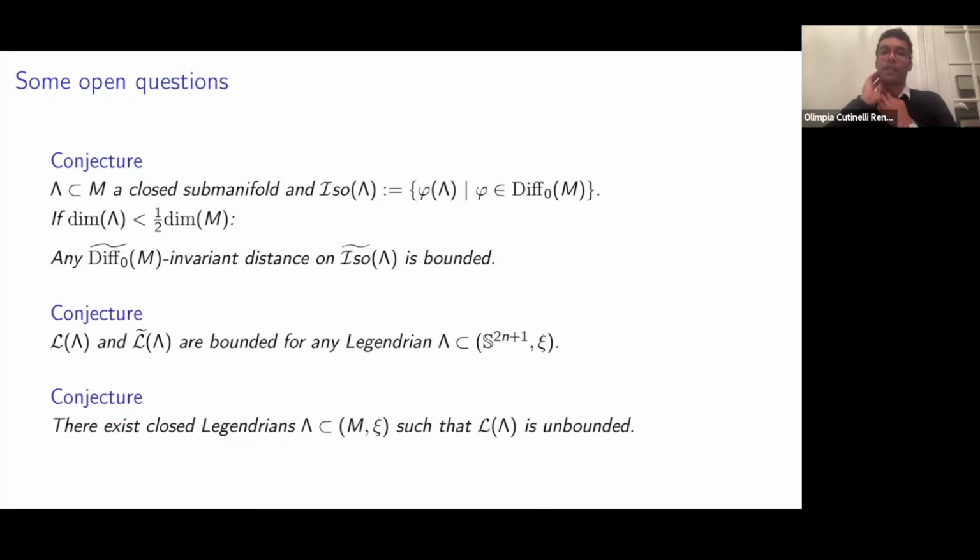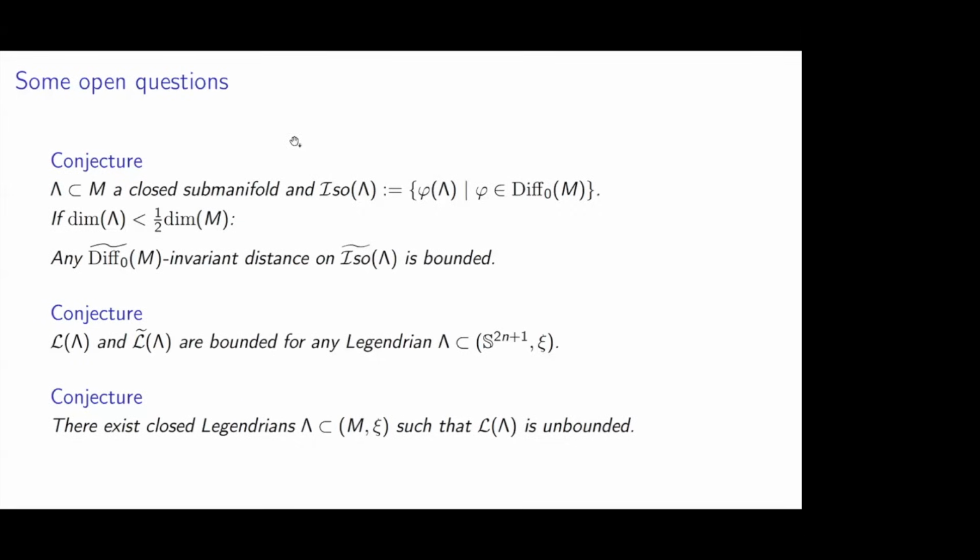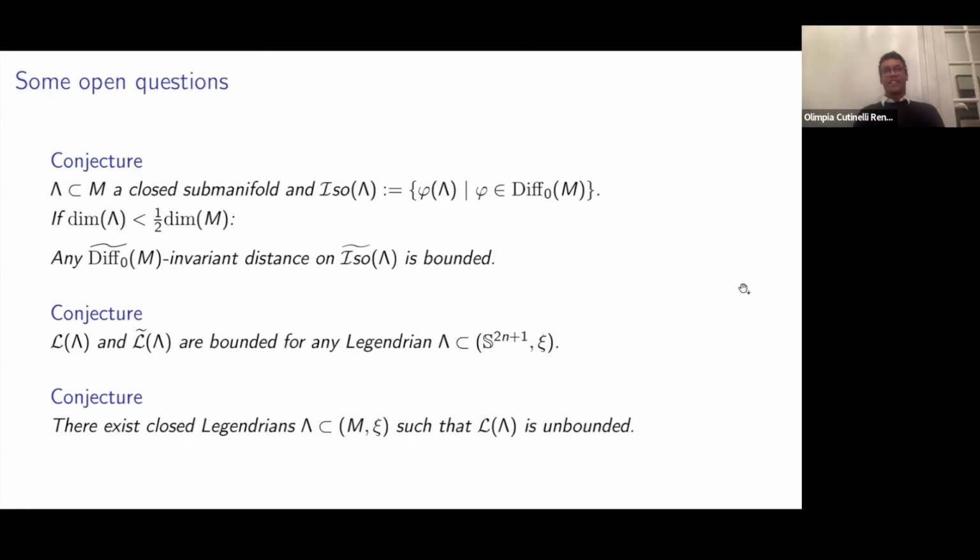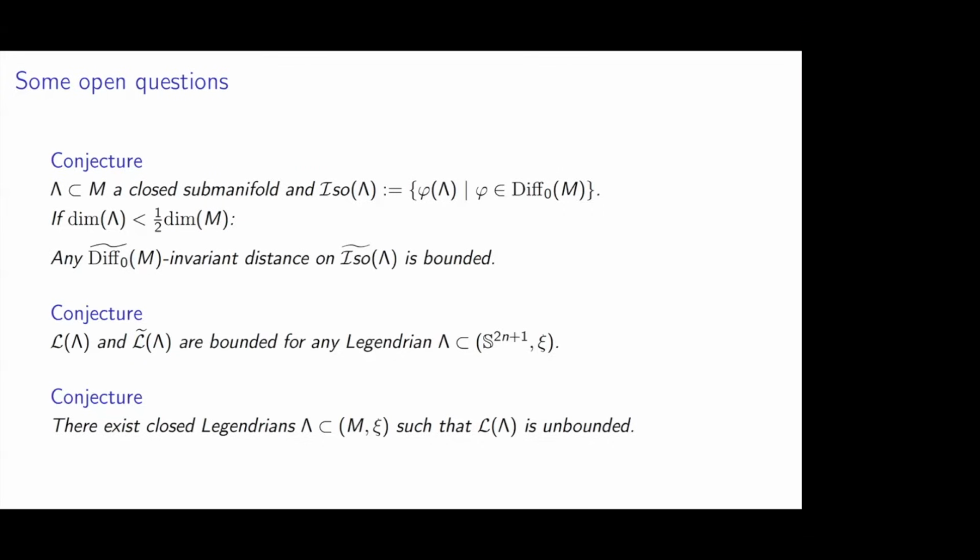Sorry, can you repeat, Igor? What you said about dimension 3, what you can use to prove. So there's this distance to the Reeb flow, and in certain cases it was proven that this distance is not bounded.